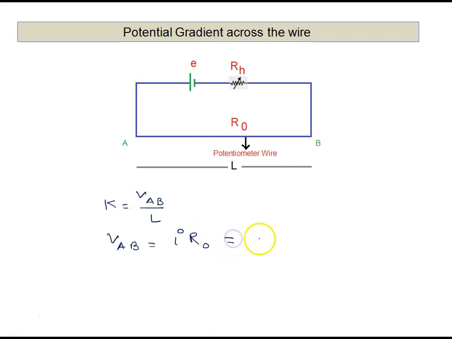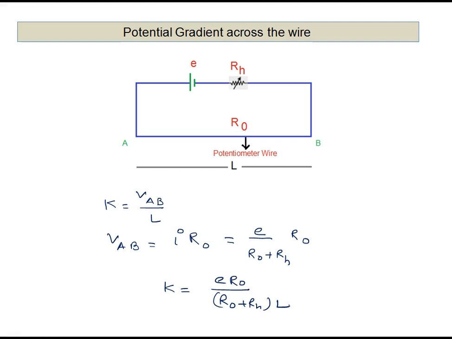What is the current flowing in the AB wire? In this circuit which I have shown here, you will say net supply upon net resistance. This is the current, so you have to multiply by R0 also. So what is the value of K in this situation? You will say E R0 upon R0 plus RH into L. Okay, in this way you are able to calculate the potential gradient.